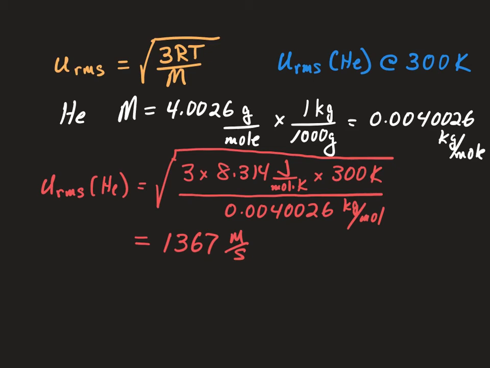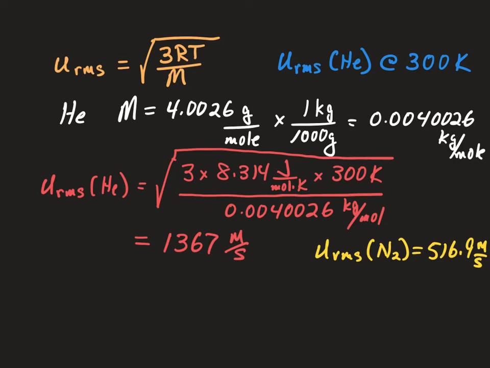Now remember that the root mean square velocity for nitrogen was only 516.9 meters per second.